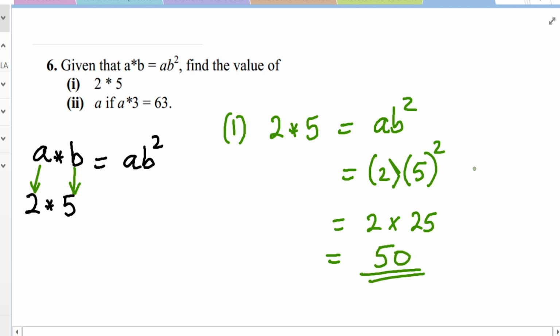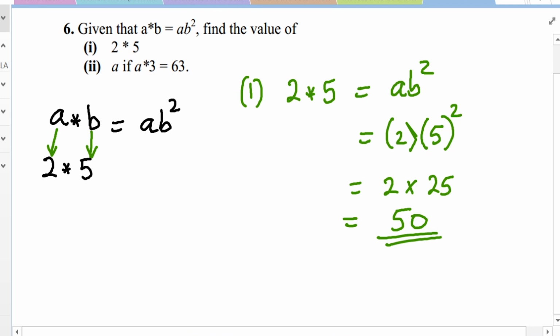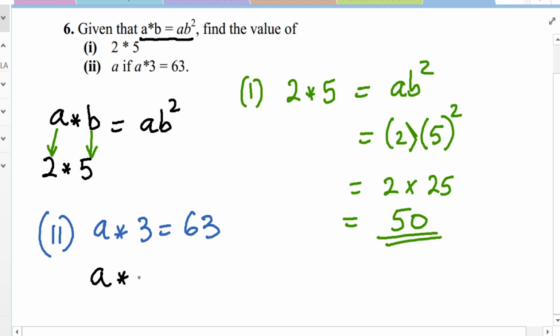Roman 2. Find a if a asterisk 3 is equal to 63. They want us to find the value of a. Remember that from our question here, we know that a asterisk b is given by ab squared.